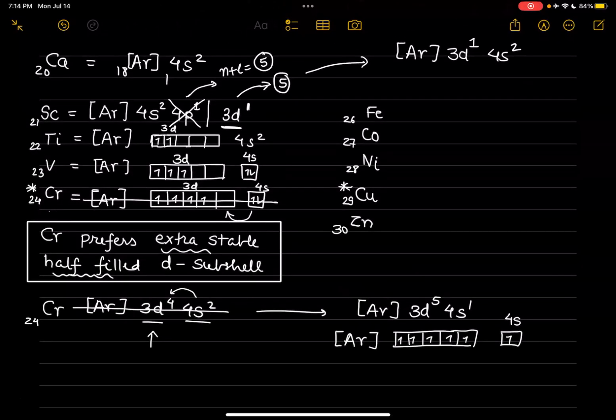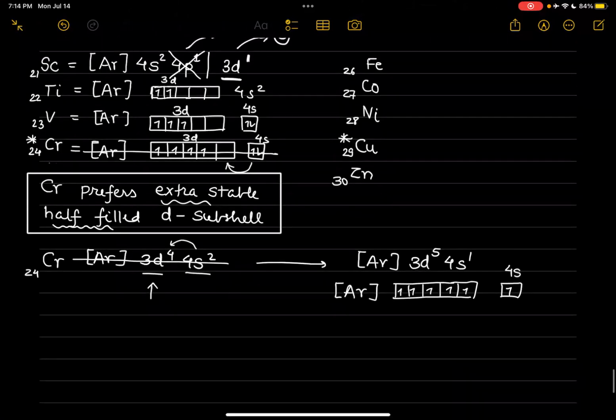Till now we were having two electrons in 4s from calcium, scandium, titanium, vanadium, chromium. It was expected that two electrons would continue to remain in 4s, but chromium was having just 4 electrons in the d subshell. Just one electron more was needed to make it half filled with one electron each.